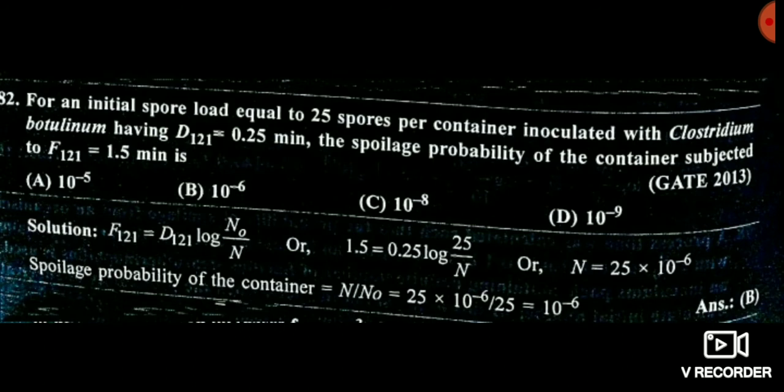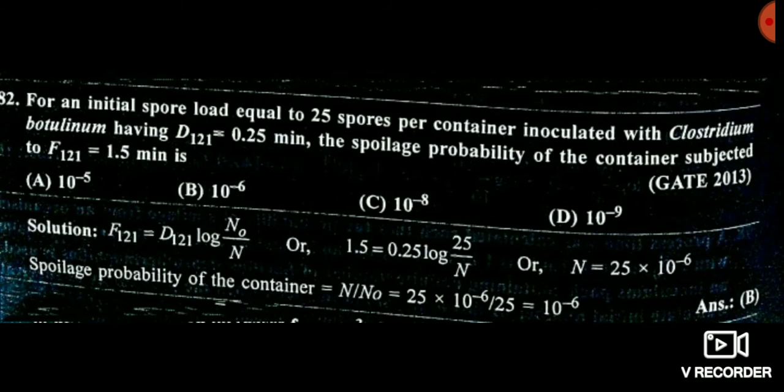Friends, I will suggest you do all these questions in your GATE calculator, not in your scientific calculator, because when you are working with the GATE calculator your accuracy will increase. And friends, here it has calculated the N and then after it is done N by N naught, but you don't need to calculate the N value.